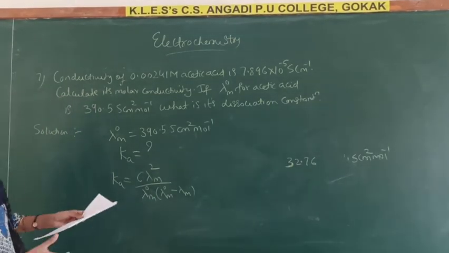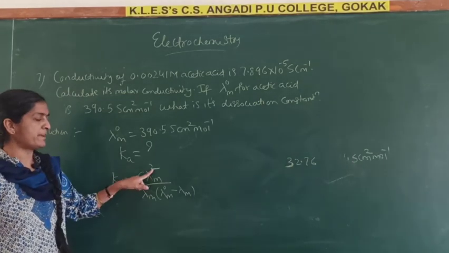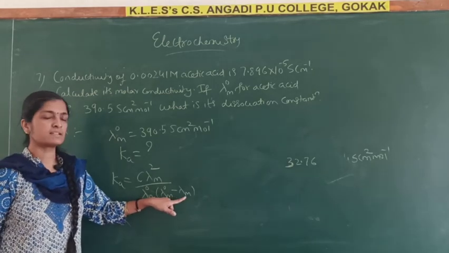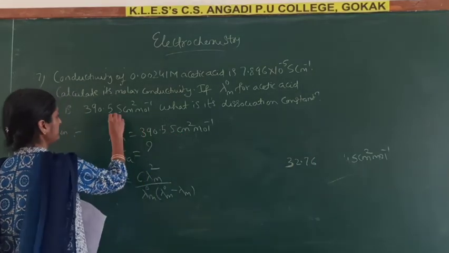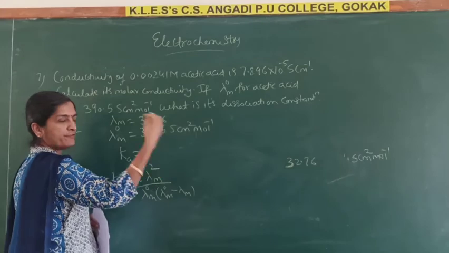So what is the formula for dissociation constant? Ka is equal to C into lambda m square divided by lambda naught m into lambda naught m minus lambda m. All the values you know. How much is lambda m? It is 32.76, which I have already found out. Okay.